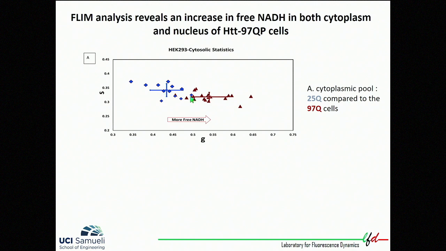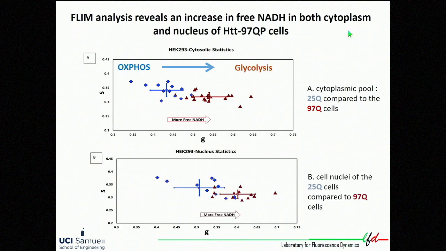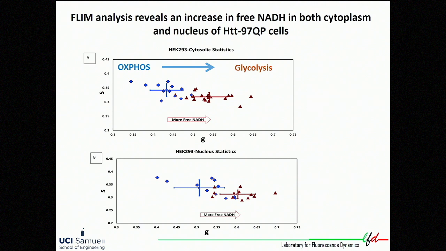It's undergoing oxidative phosphorylation. And once the cells are expressing the 97 expanded form, in the cytoplasmic pool we see a shift to more free NADH. Also, the nucleus shifts; in fact, the nucleus already has higher free NADH in the wild type, and it shifts to a higher fraction of free NADH in the 97Q.